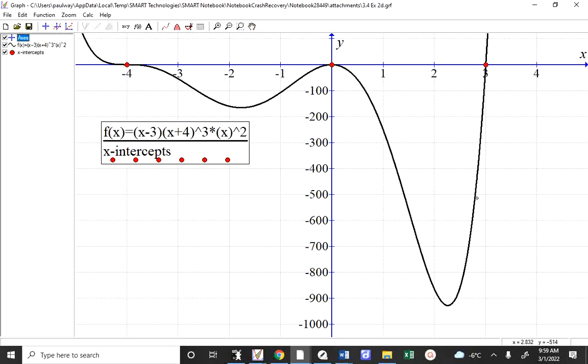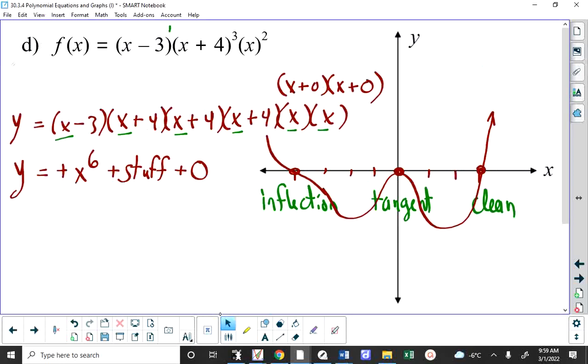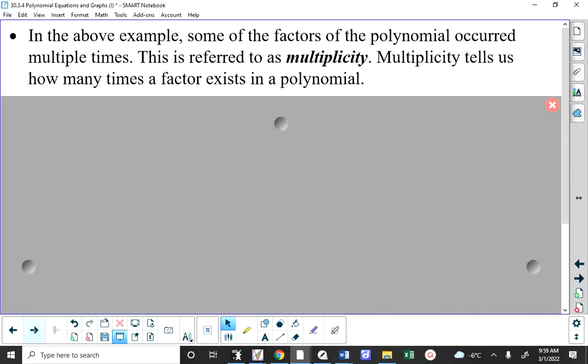All right, let's summarize this and then burn through the remaining examples. The fact that we have factors with different exponents is called multiplicity. The multiplicity of a factor simply means the exponent that the factor has. That's all.